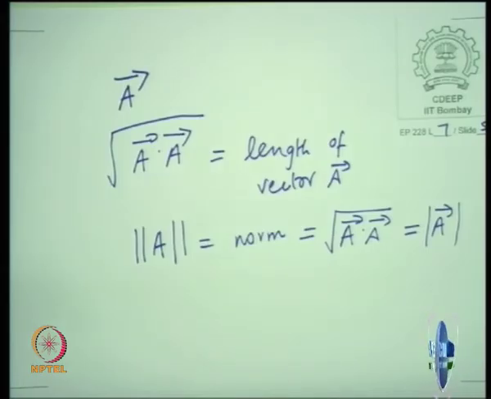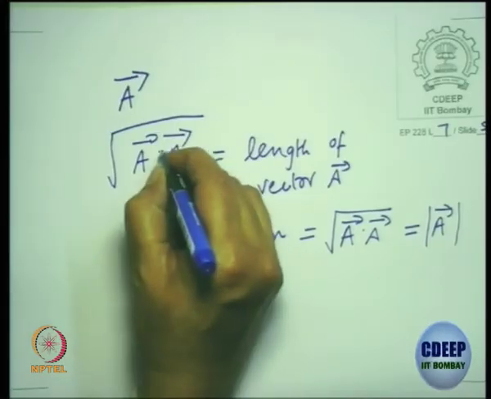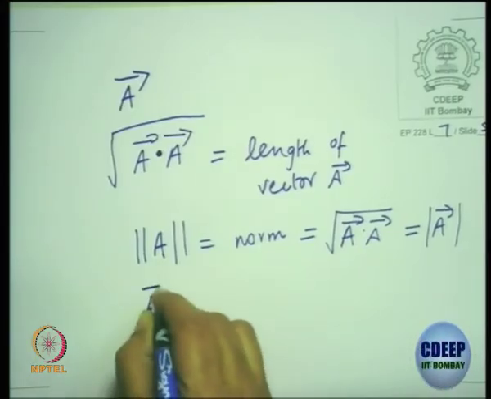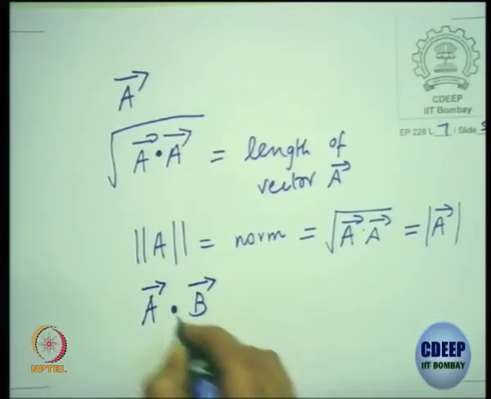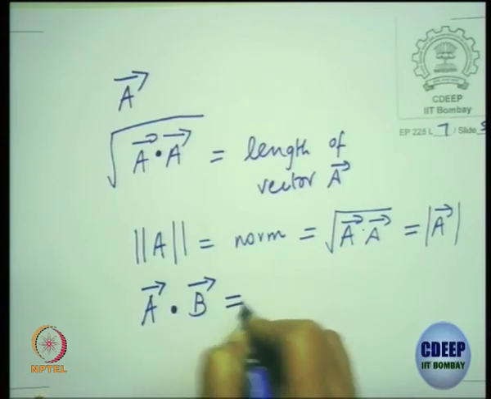Is that right? But in this process I have brought in some concept here. I introduced a dot product, right? And what is the property of the dot product? If I take one vector A and another vector B and put in a dot product, this will give me a scalar.